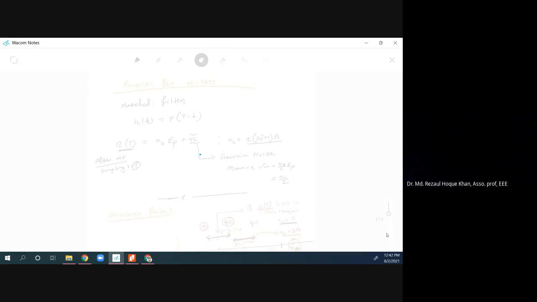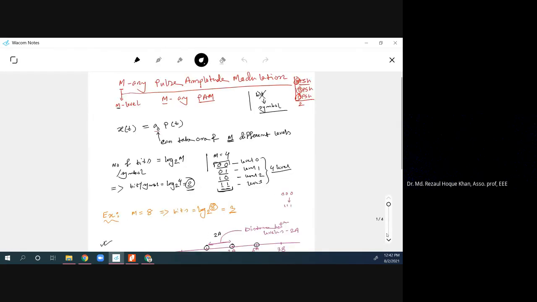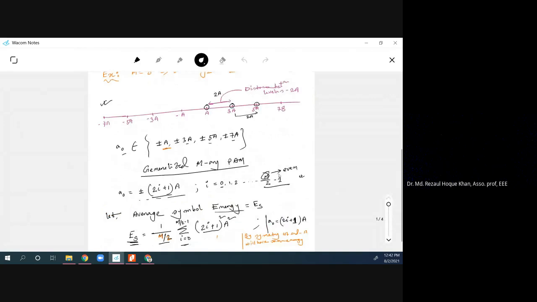Why do we write the general one? Here A0 can be anywhere, depending on I. If I is 0, A0 was A. If I was 1, it was 3A. That's how we find A, 3A, 5A, 7A with this formula.